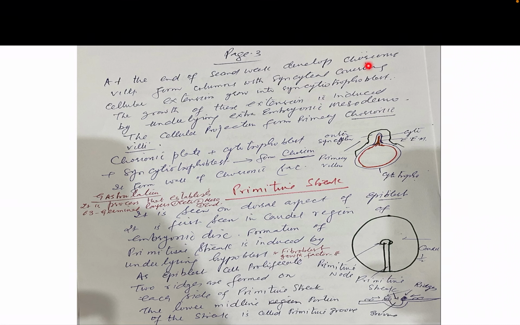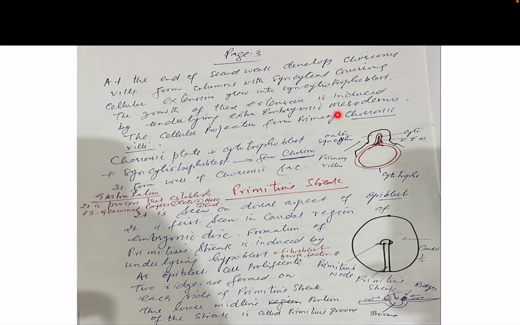So at the end of the second week, chorionic villi develop, forming columns or projections with syncytium covering cellular extensions, which grow into syncytiotrophoblasts. The factor which induces the development of villi is the underlying extraembryonic mesoderm, which makes a signal to develop the cyto to form villi covered over by syncytium.